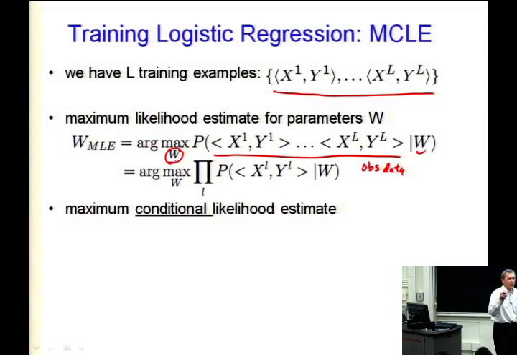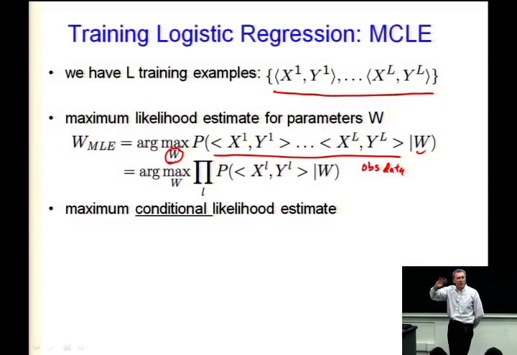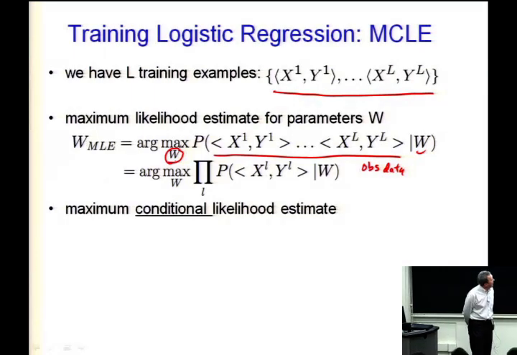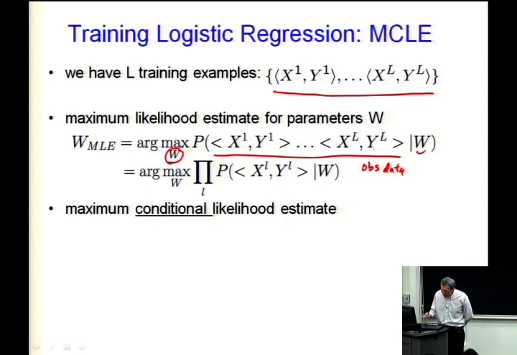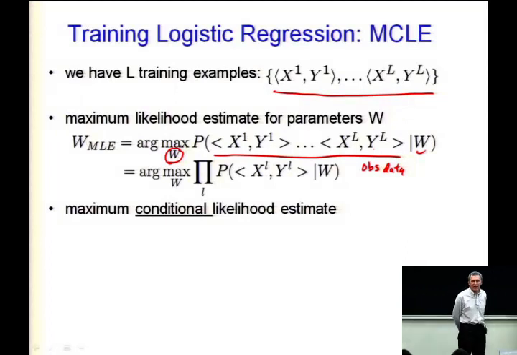Same as when we're trying to pick the parameter theta for the coin flip or the dice roll. And if we assume each of these training examples is independent, then that's just the product of the individual probabilities of each training example given our parameters.